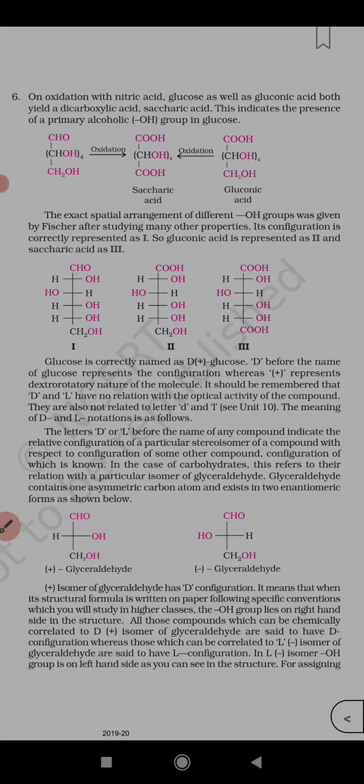If the OH group lies on the right hand side, then it is capital D. So with respect to glyceraldehyde, capital D and capital L, we can assign configuration for glucose.